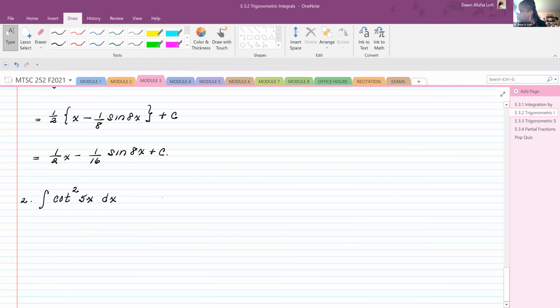So I know that cotangent squared of u is cosecant squared of u minus 1. So this then becomes the integral of cosecant squared of 5x minus 1 dx.